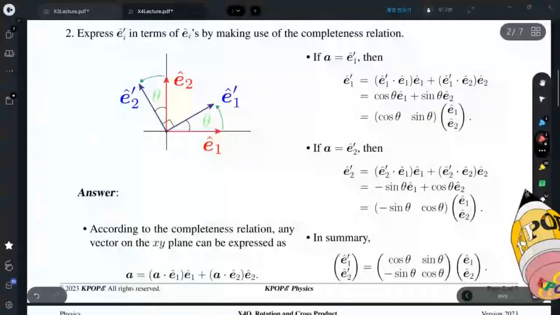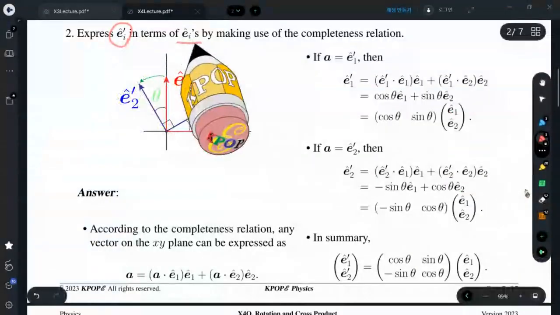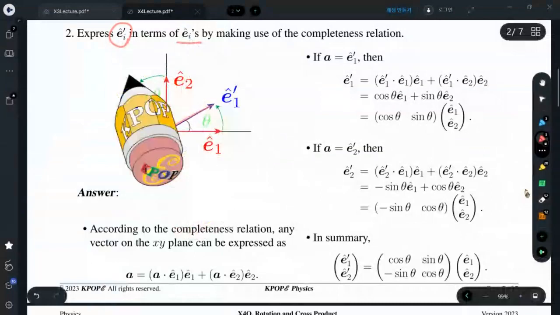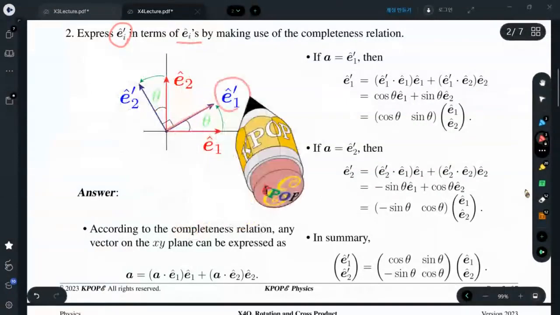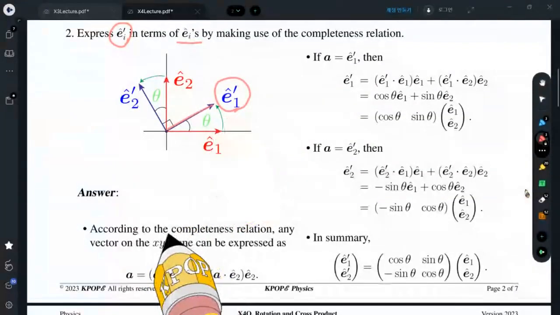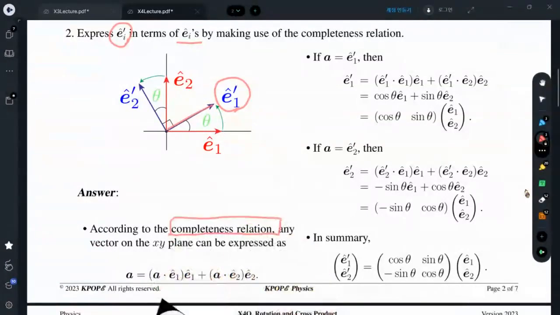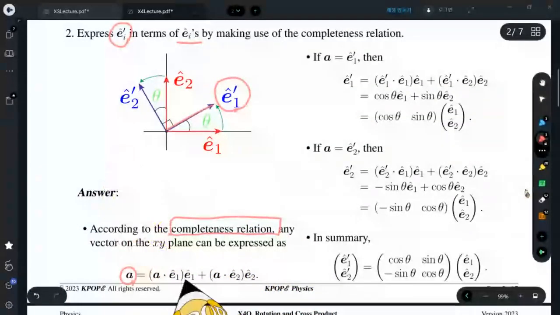Express e_i prime in terms of e_i's. Primes are here and there. First of all, we consider this. To go ahead, we need to know what the completeness relation is. That means it is trivial. Any vector on a plane is a linear combination of two unit Cartesian basis vectors.